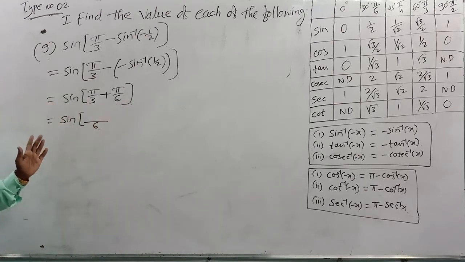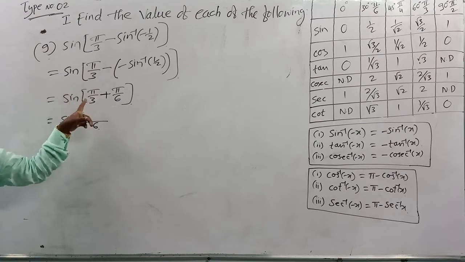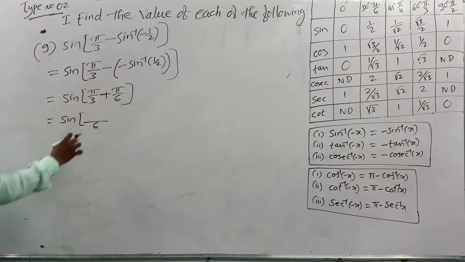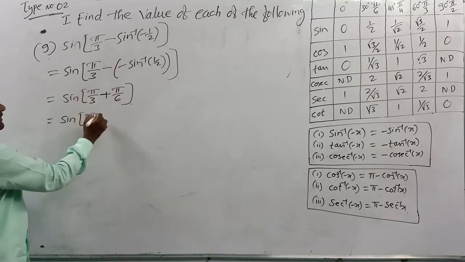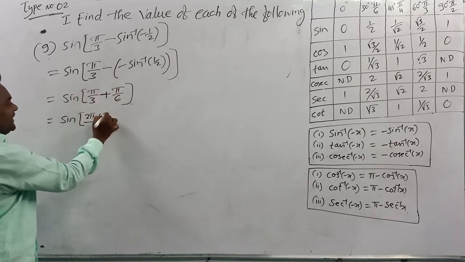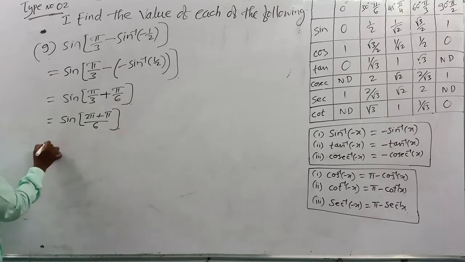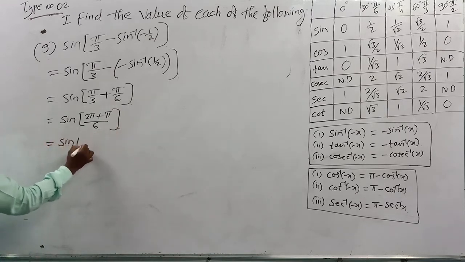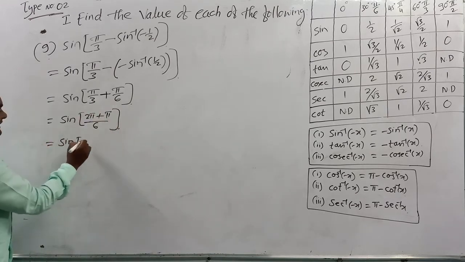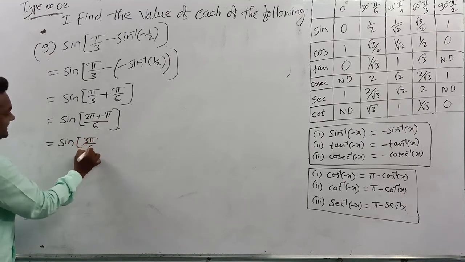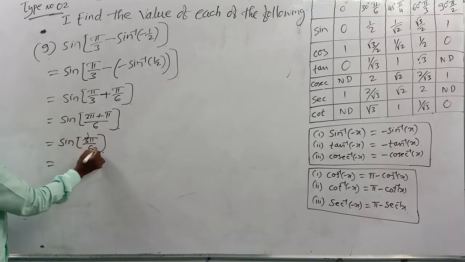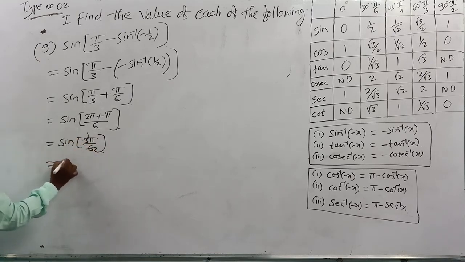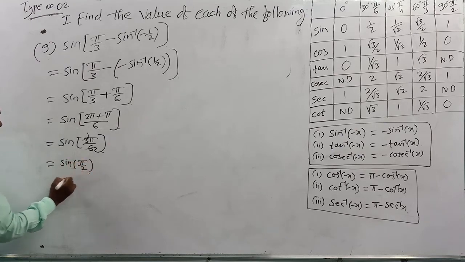Repeat the same procedure: divide and multiply each term with LCM 6. So 3 ones are 3, 2 is 6, means 2 pi. Plus, 6 gets cancelled out, we get pi. Now further simplify: sine of 2 pi plus 1 pi, 3 pi by 6. Then 3 ones are 3, 2 is 6, means sine of pi by 2 is there.